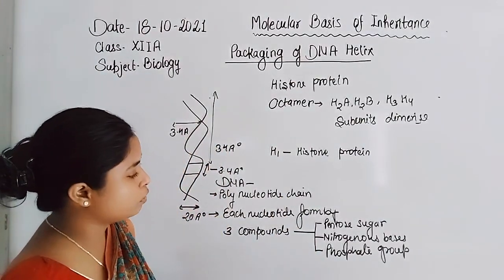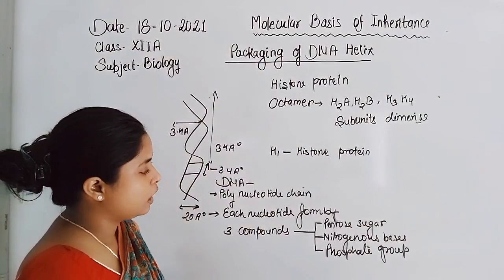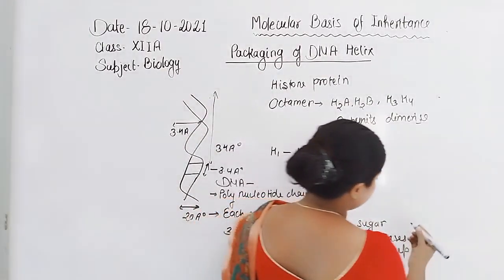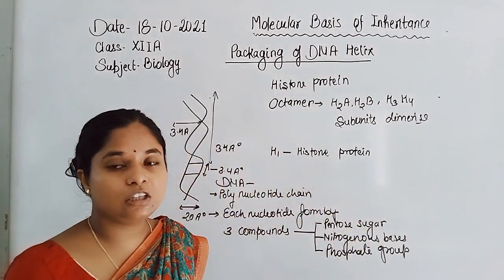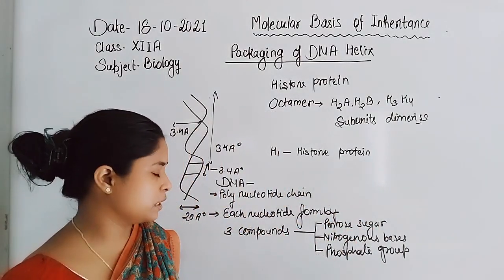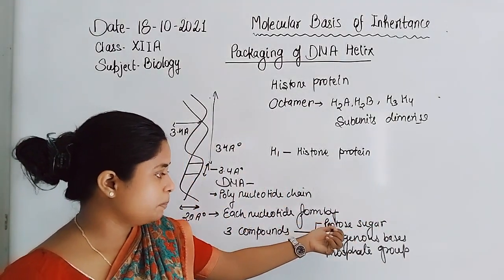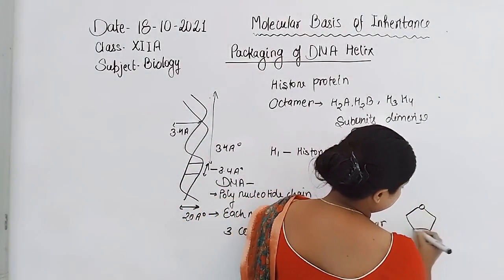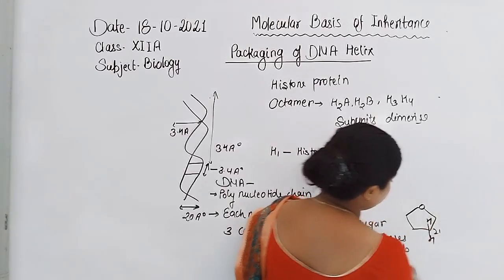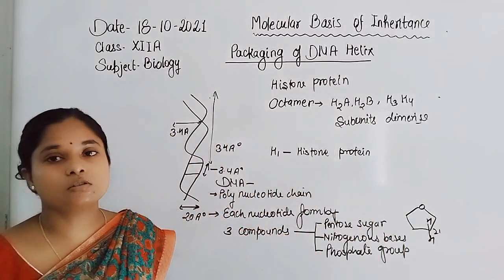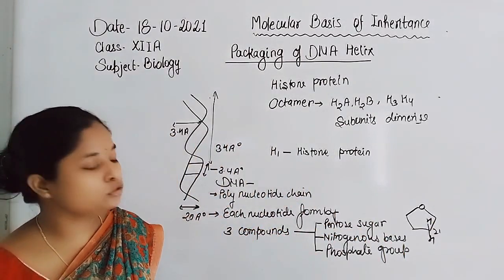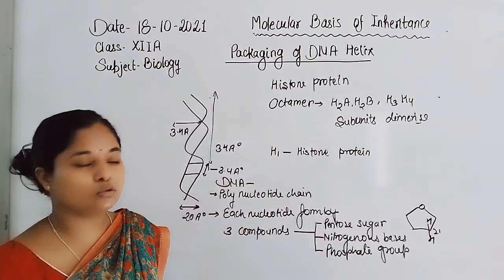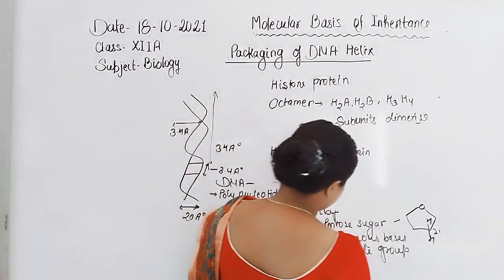The pentose sugar is specific, because DNA is also called deoxyribose nucleic acid. The pentose sugar has only hydrogen at the 2' carbon, because this is deoxy, that means the hydroxyl group is absent at the 2' carbon. That's why the pentose sugar is known as deoxyribose sugar.